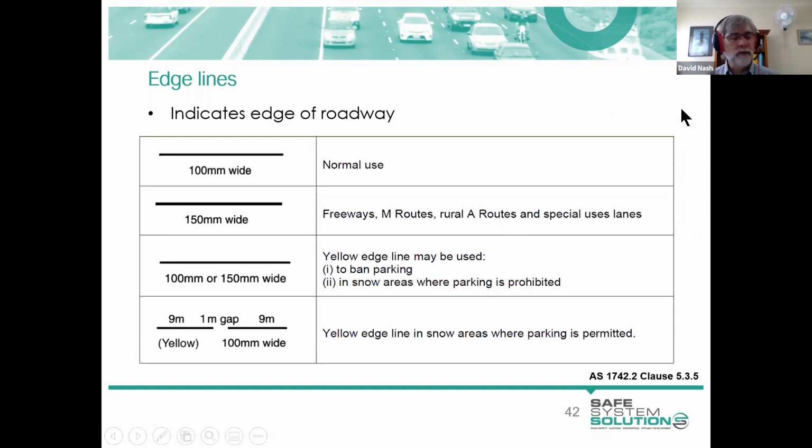But I think New South Wales only sign A and B routes and not the C routes, so that can be tricky. But as I say, I think that guideline is for Victorian roads. How that applies in other states, I'm not quite sure.